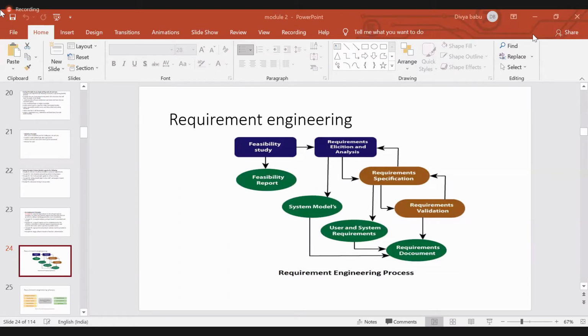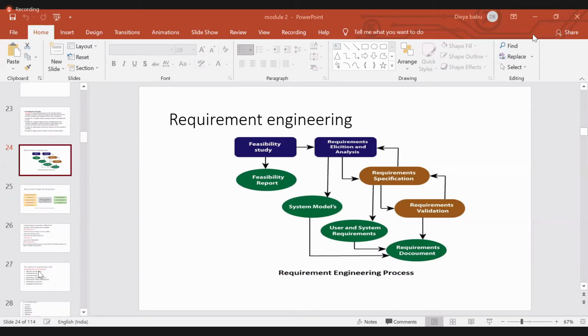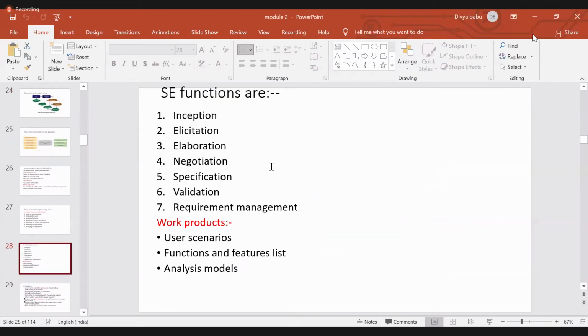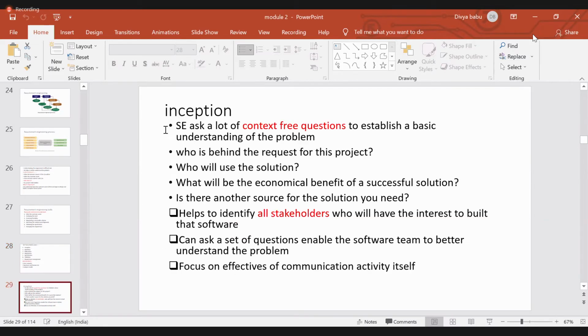Anyone remember? Inception, elicitation, elaboration. Nobody is remembering, nobody is listening, right? Inception, elicitation, elaboration, negotiation, specification, validation, and requirement management are the 7 phases of requirement engineering. Of the 7 phases, I started with inception.